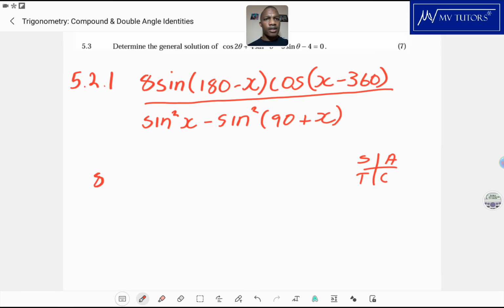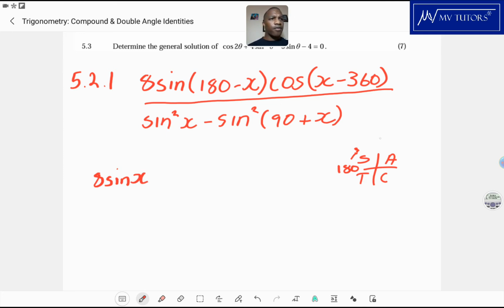So 8 sine 180 minus x, that's in the second quadrant. It's here because 180 is there. So 180 minus is in this quadrant. In this quadrant, sine is positive, so this remains positive. It just becomes sine x.